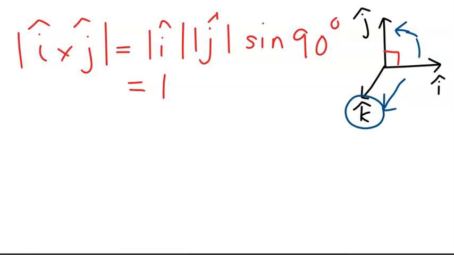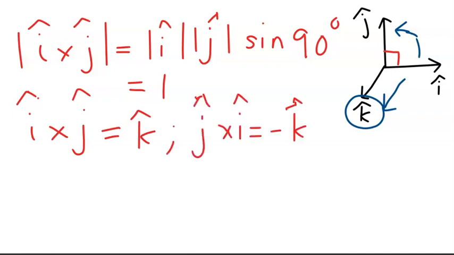So we conclude that i cross j is k. i hat cross j hat is k hat. And reversing the order of this vector product, j cross i will be minus k hat.